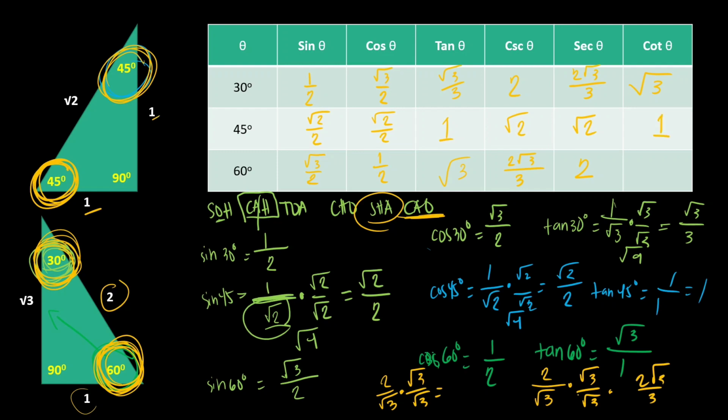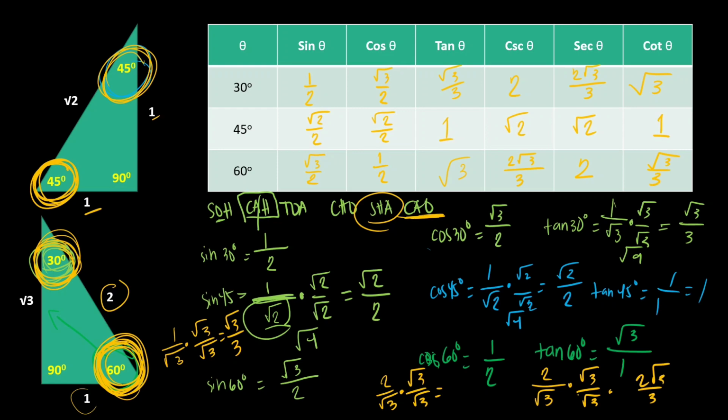Cotangent 60 degrees, its adjacent is 1 and its opposite is square root of 3, so rationalize. Therefore square root of 3 over 3.